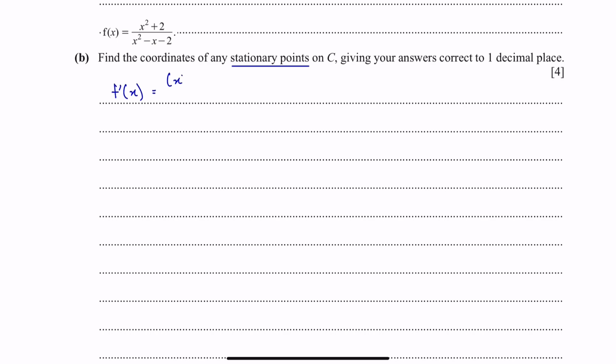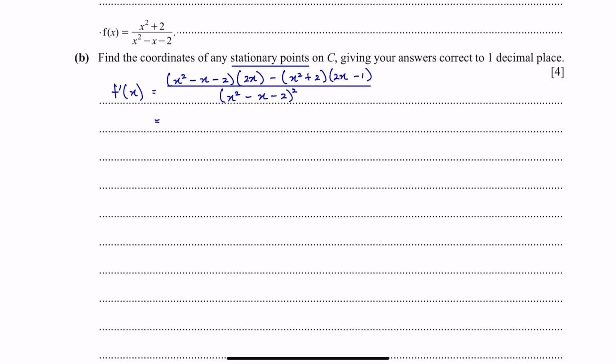So this is just x squared minus x minus 2, and we differentiate the numerator, which is 2x, minus the numerator and the differentiation of the denominator, which is 2x minus 1, over the denominator squared.